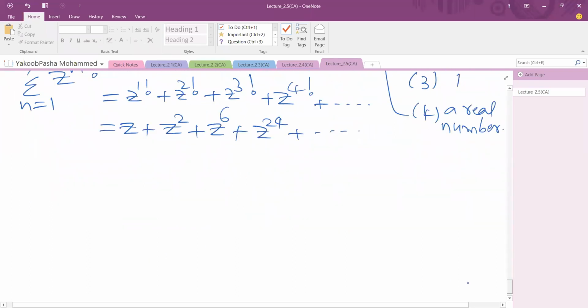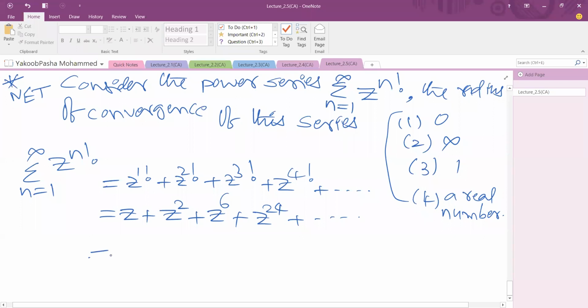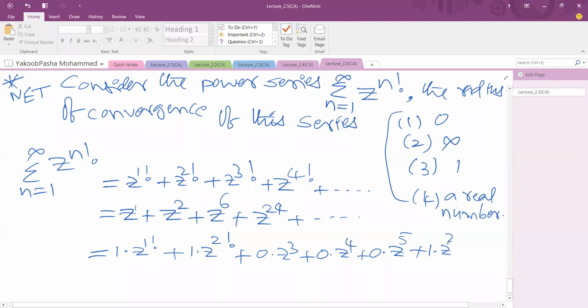So we can write this as z, I'm writing like this, 1 into z power 1 factorial, plus 1 into z power 2 factorial, plus 0 into z cube, plus 0 into z power 4, plus 0 into z power 5, plus z power 6 can be written as 1 into z power 3 factorial, plus and so on.